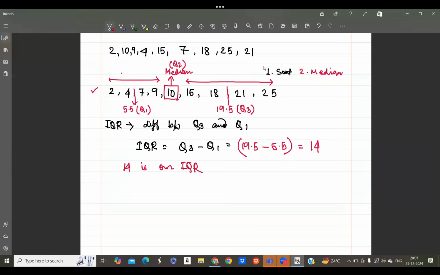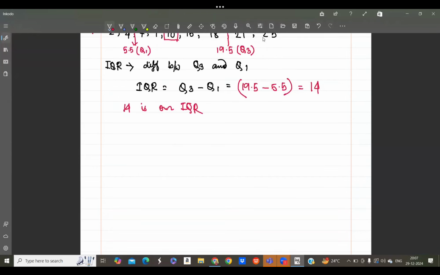Okay, easy. Now I will give you one data set. You need to do the entire thing. I'm keeping it in front of you so that you can complete the task. Chalo, let's start.